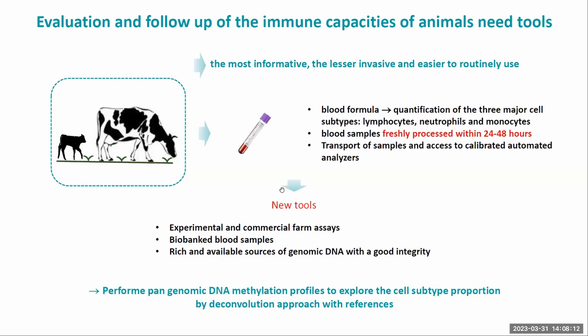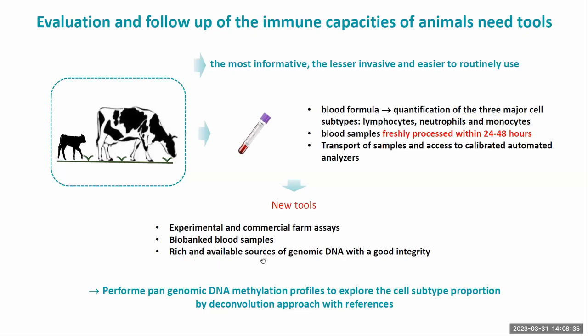And we propose a new tool to use biobanked blood samples from experimental and commercial farm assays, for example, because these samples are rich and available sources of genomic DNA with a good integrity.